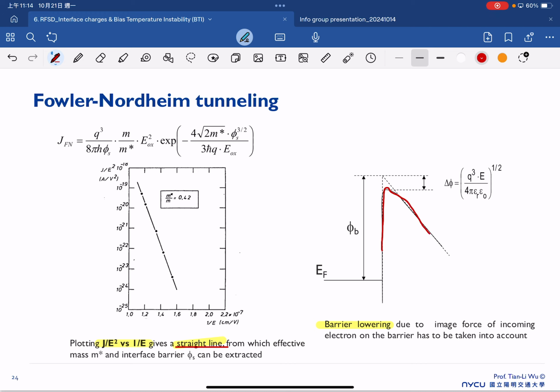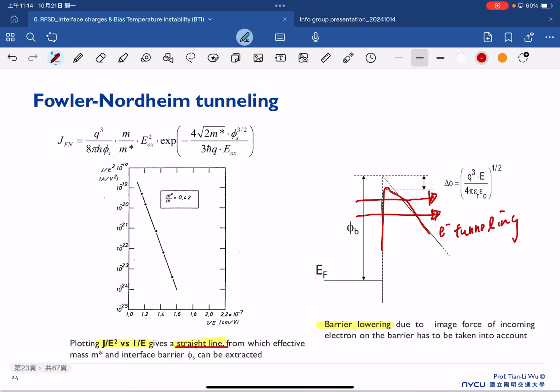For sure, once the barrier is reduced, we expect electron tunneling can happen. The probability for electron tunneling is increased. So that will also influence the FN tunneling as well.